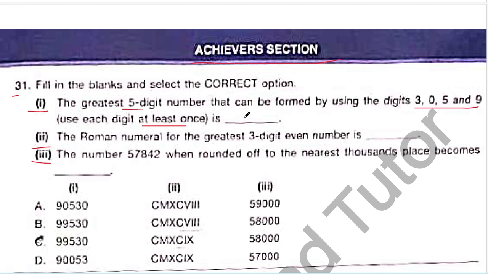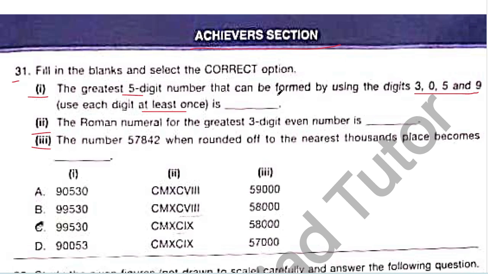So here the greatest 5-digit number that we can form is 99530, because we are repeating the digit 9. We are repeating only the digit 9 because we have to form the greatest 5-digit number and use each digit at least once, so we cannot repeat it more than 2 times because we have to use 530 also.